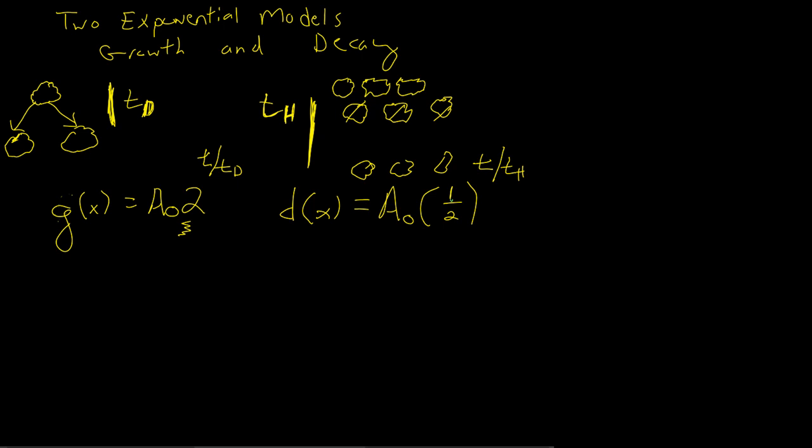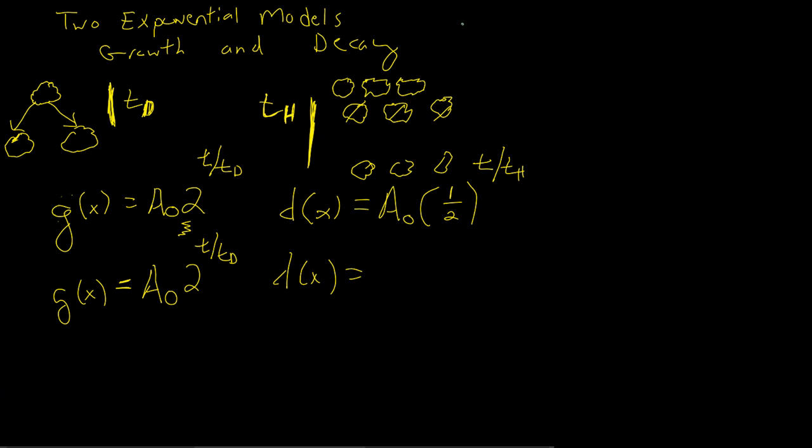Well, there's a couple things I can notice here that might help me. Both of these start with an original amount. And I'll put 2 to the t to the... So growth, and nothing I'm going to change here for growth. If I want to make decay look like growth, wouldn't it be nice if I could turn this into a power of 2?